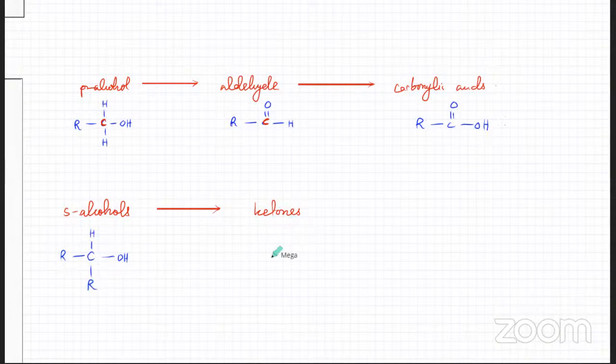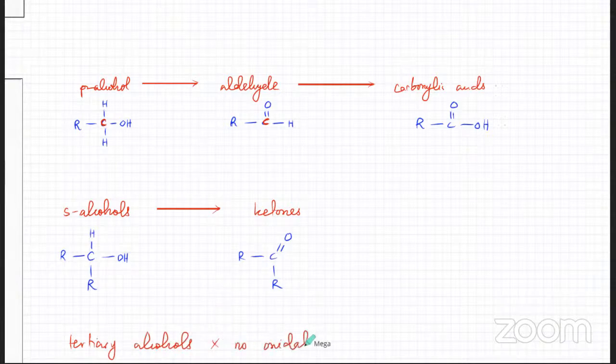This carbon atom would turn into a double bond O. Since the double bond O is right in the middle of the chain, that is a ketone. So this is oxidation of primary and secondary alcohols, and there is no oxidation of tertiary alcohols. They're not oxidized, so for them there is no oxidation whatsoever.